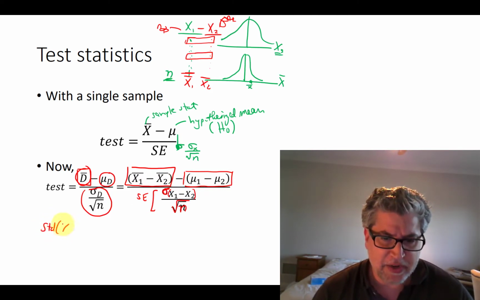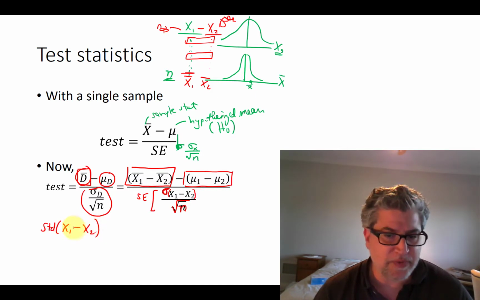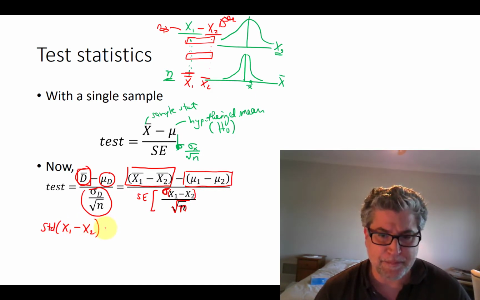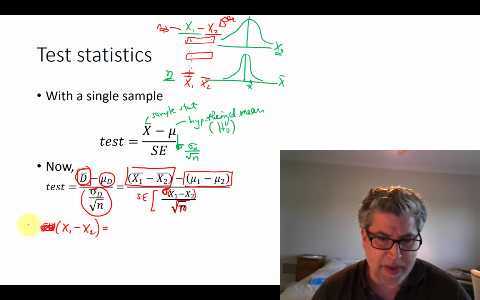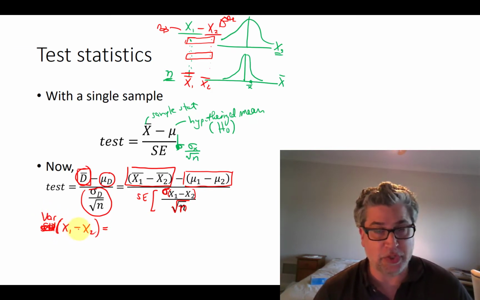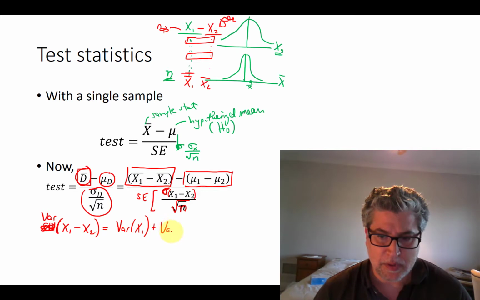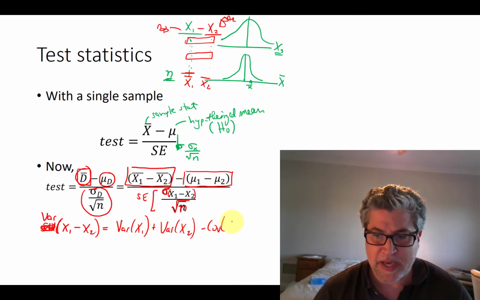But if you're looking at the standard deviation between two variables, x1 and x2, even if they're subtracted, in fact, let's do the variance. The math there works better. The variance of some random variable that's the difference of another two random variables, that's equal to the variance of the first plus the variance of the second minus the covariance between them.